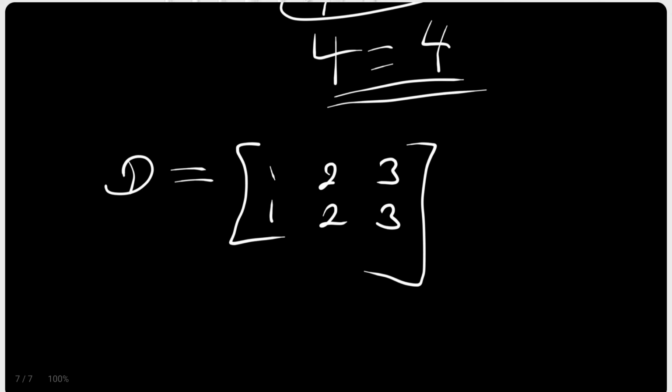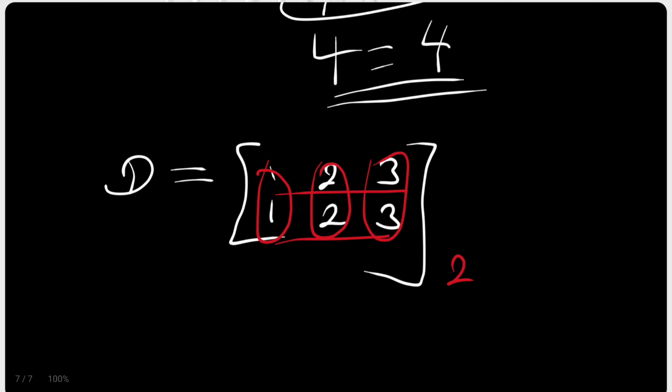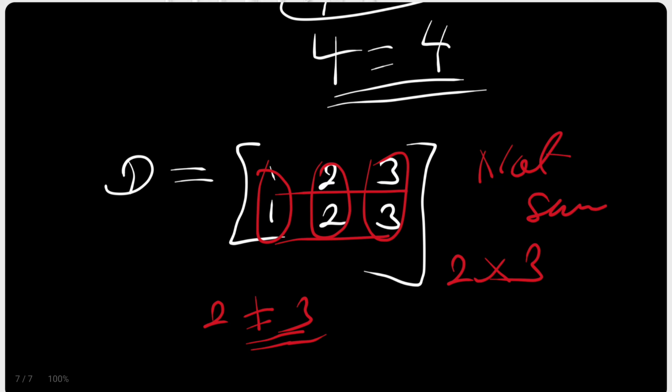Let's verify that. The number of rows is 2. The columns are 1 2 3, so there are 3 columns. We can see 2 does not equal 3. Both are not equal, so it is not a square matrix.